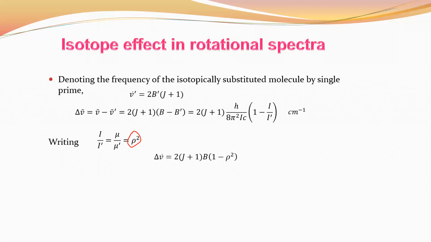Then delta nu is equal to 2 into J plus 1 into B into 1 minus rho square, where B is h divided by 8 pi square I c.